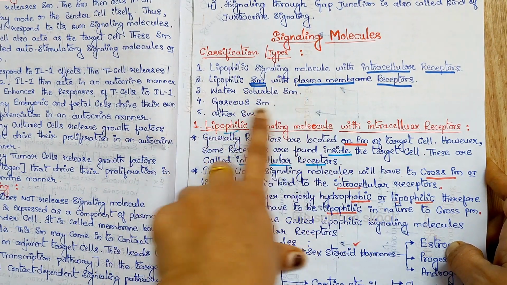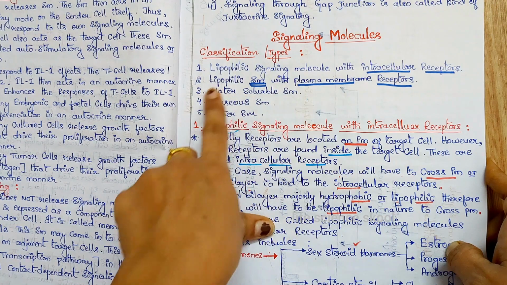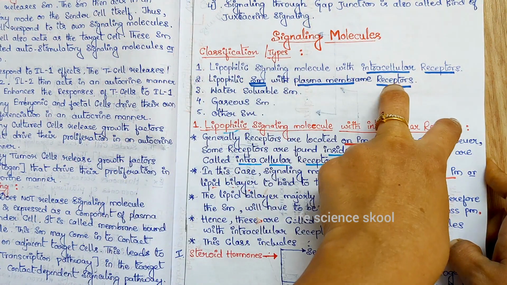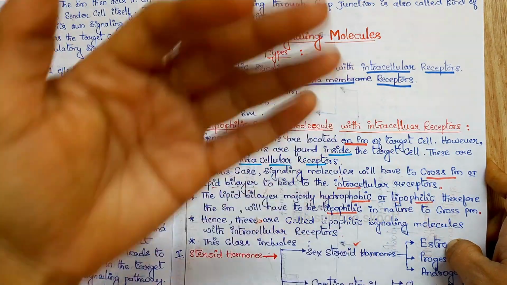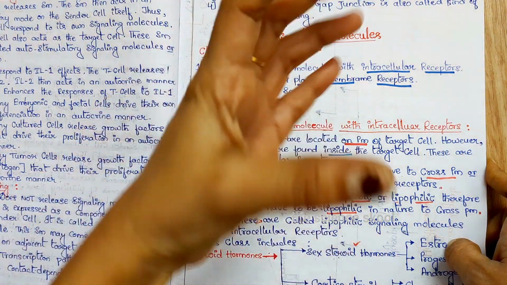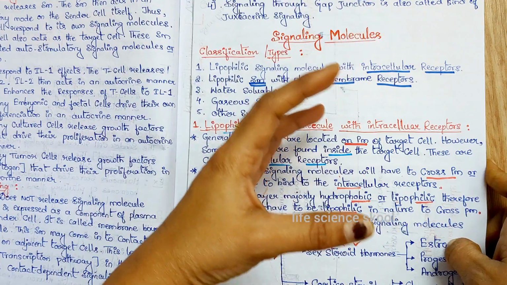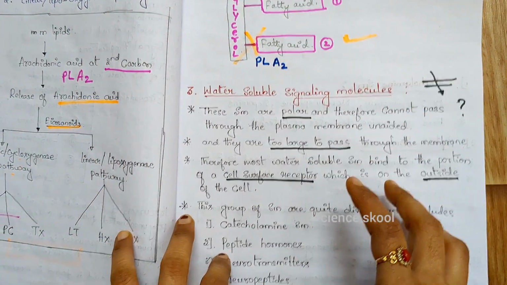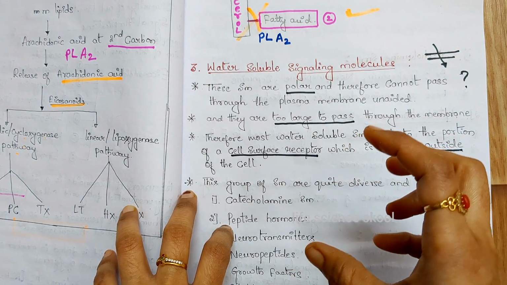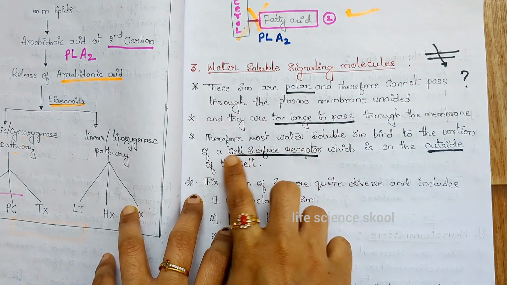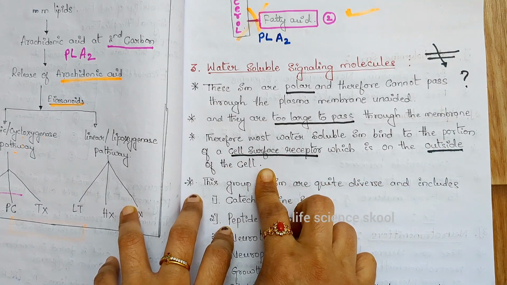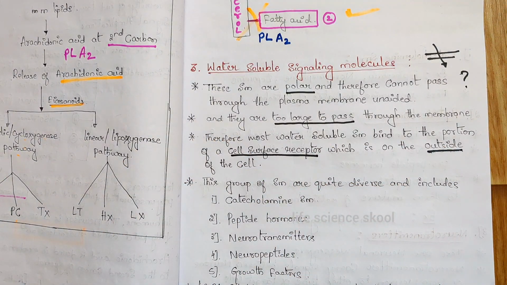But water soluble signaling molecules are unable to cross the lipid bilayer because they are polar and their size is very big. So they bind to a portion of a cell surface receptor on the outer side of a cell. Don't worry, I will help you understand.